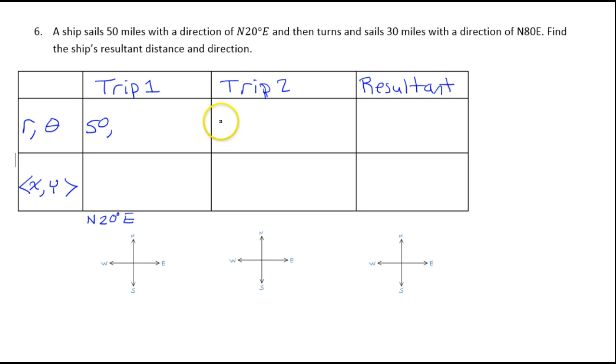Boom, that's the magnitude. 30 miles. I forgot the units. With direction north 80 degrees east. So we got the magnitude easily. Now let's go back and talk about this direction.